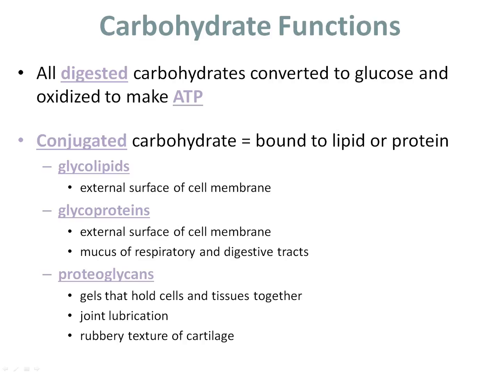So carbohydrates, the functions of carbohydrates: all digested carbohydrates can be converted to glucose and oxidized to make ATP. So the main function of carbohydrates is energy production or ATP production. However, we can also use carbohydrates for other functions.